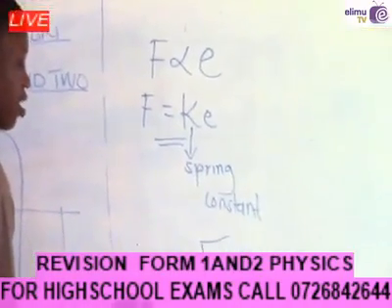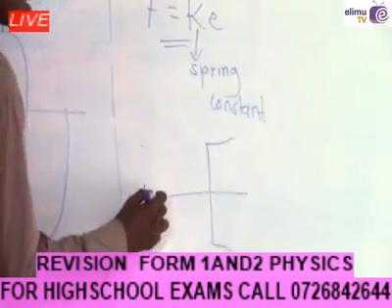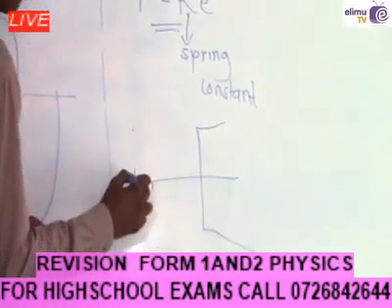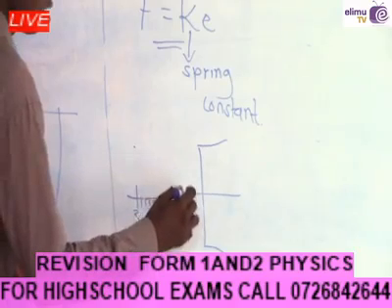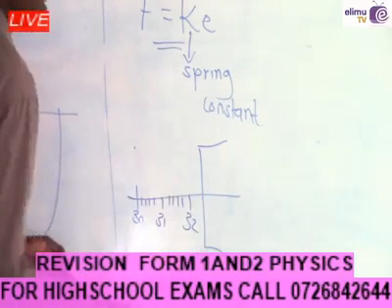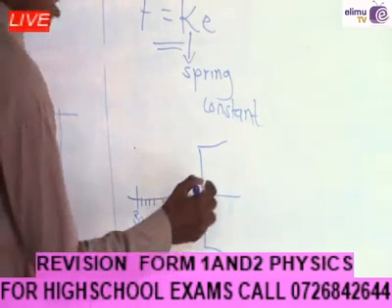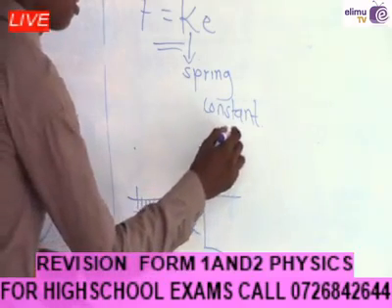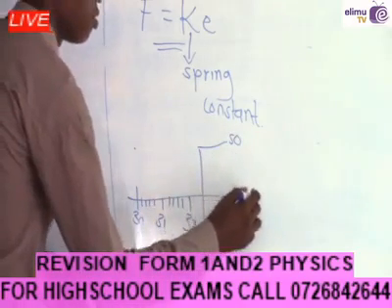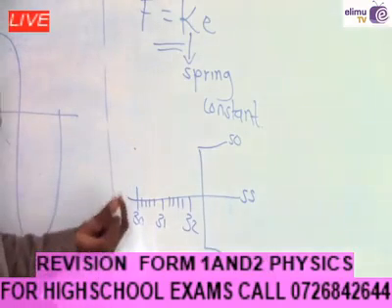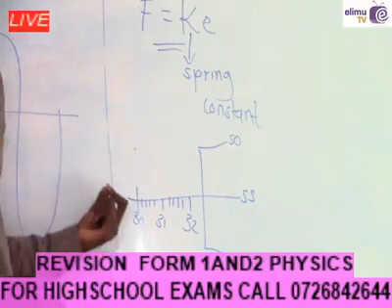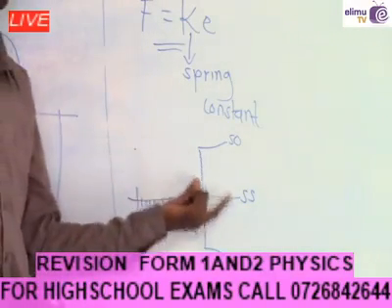For example, you can have 30, 31, 32 in that manner. Then at this point, you can have this one as 50, 55, 60. So usually in the micrometer screw gauge, we have two types of scale: the main scale and the thimble scale.